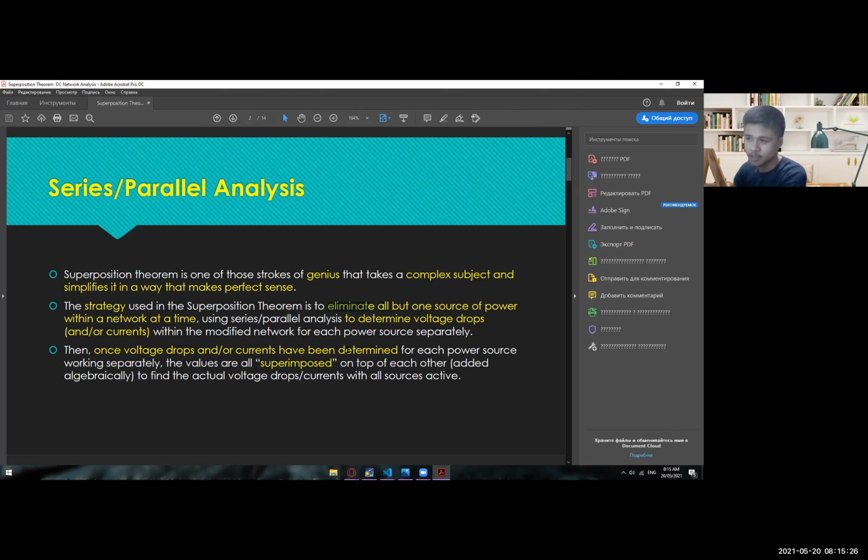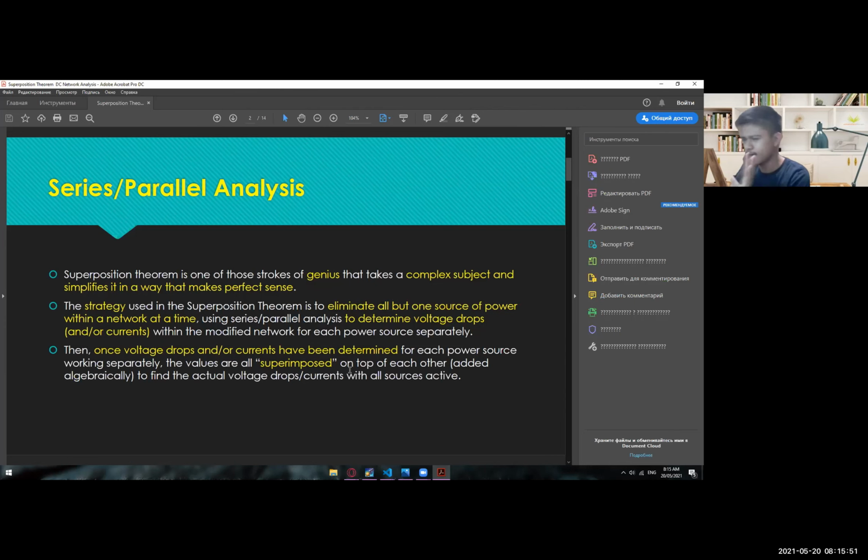For the second computation, you eliminate the first voltage source, retain the second, compute that, get the voltage drop and the current. Once you've got the results of those two computations, you can combine them as one.